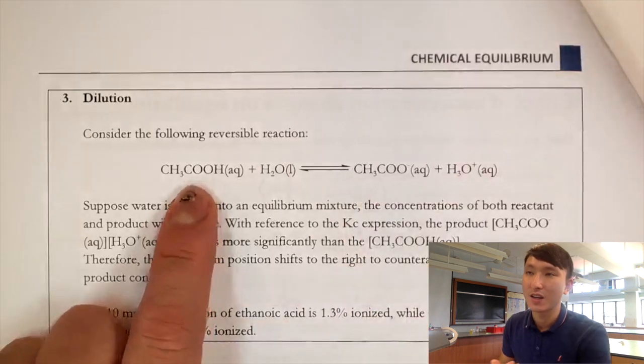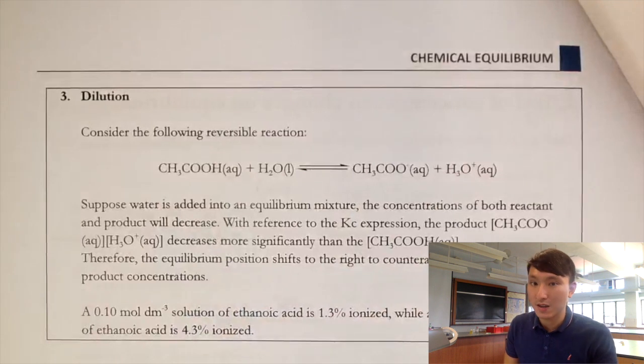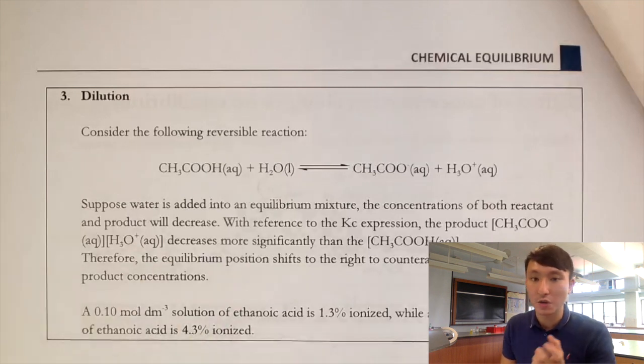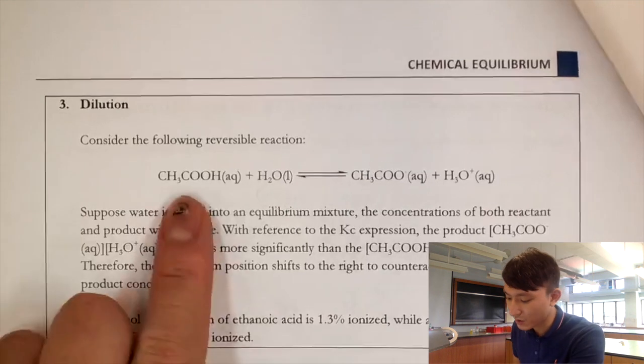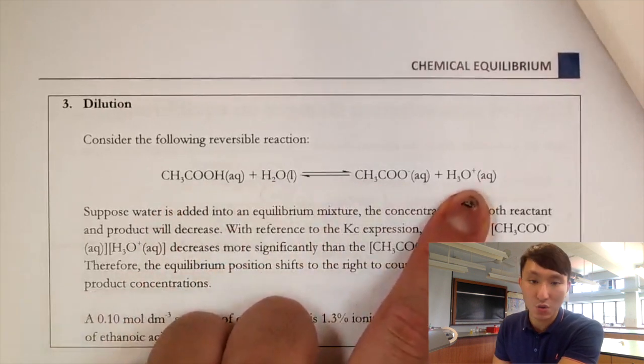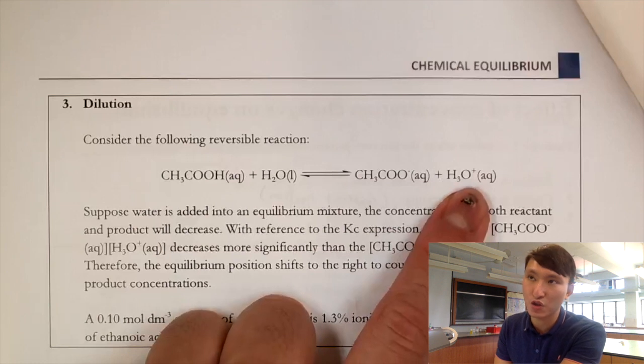One way of thinking is, you can think about the whole system, where everything is solute. This is a solute, this is a solute, this is a solute. If you're diluting the whole system, the total concentration of solute decreases. So Le Chatelier's principle wants the total solute concentration to increase.